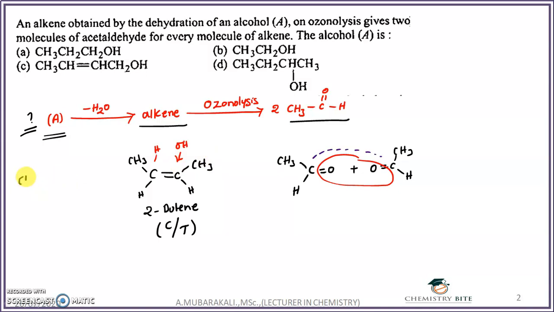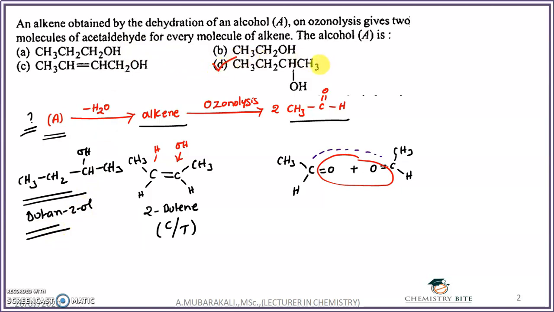So the alcohol A is CH3CH2CHOHCH3. What is its name? Its name is butan-2-ol. So which is the right answer here? The right answer is D.